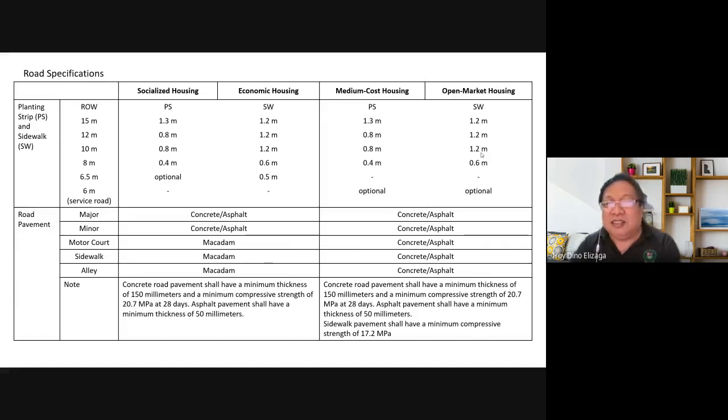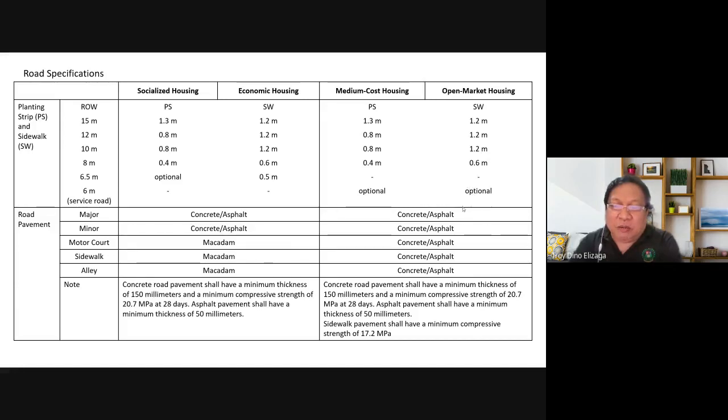So that is not correct. We're allowing it to be this small, but still comfortable to everyone. Because otherwise, it is not comfortable. It is even detrimental.